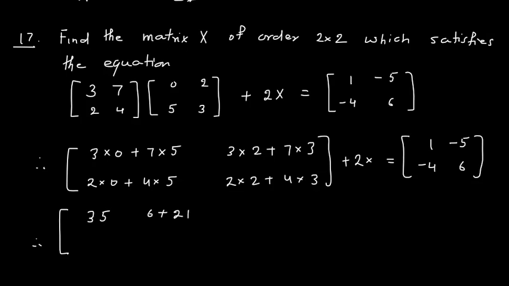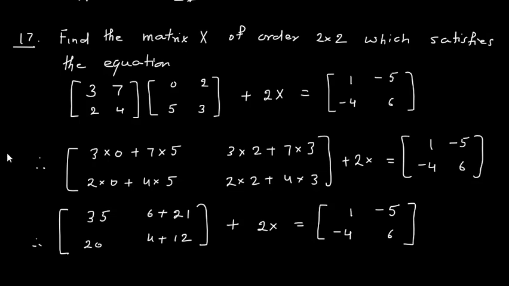Here 2 into 0, 0 plus 4 into 5, this is 20. Here 2 into 2, 4 plus 4 into 3, 12. Plus this 2x is equals to, here what we get? We get 1, minus 5, minus 4, 6.